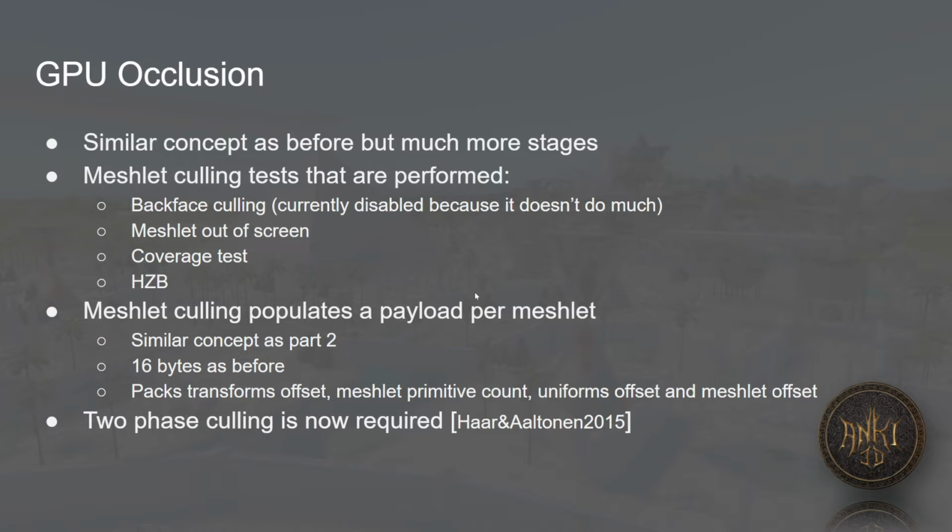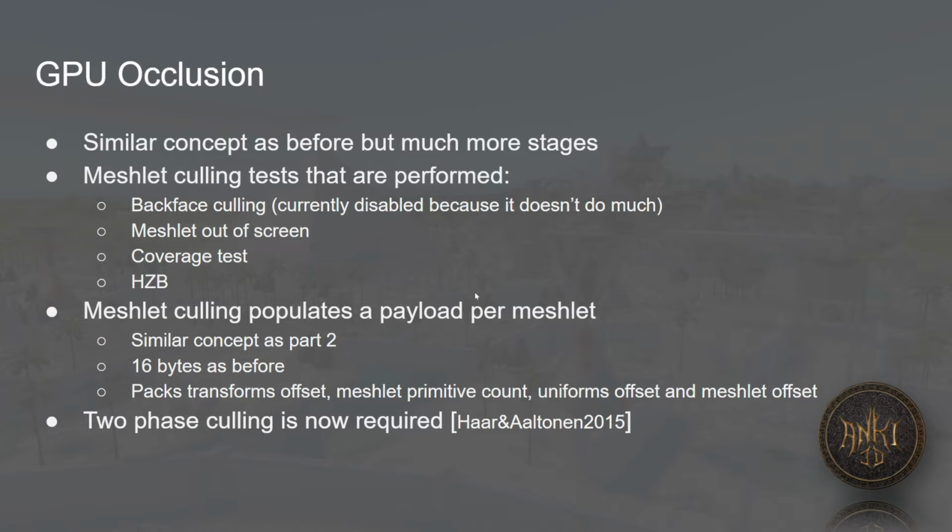GPU occlusion builds on top of the previous concept and adds additional stages. Here we're adding meshlet culling that includes backface culling, which is at the moment disabled because in the scenes we've tested it doesn't help too much.